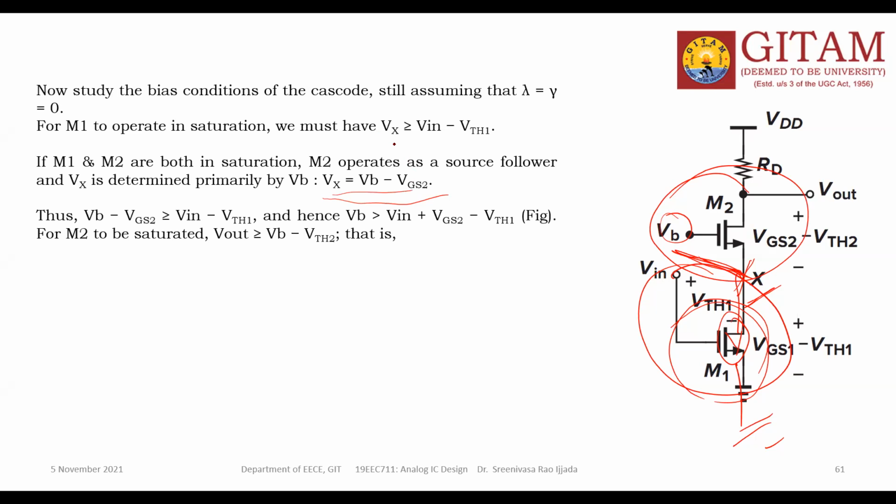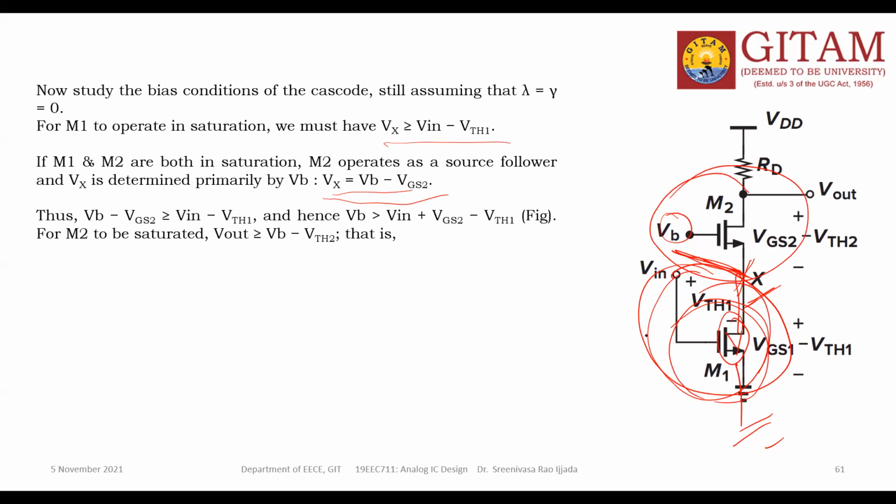Earlier, Vx was the condition to keep M1 in saturation. If both are in saturation, M1 can be replaced with a constant current source, and then it becomes a source follower. Then I can find the node X voltage. Because M1 is already replaced with the current source, I could not say what the voltage across it is, so I calculate the voltage at X with the help of M2 terminal voltages.